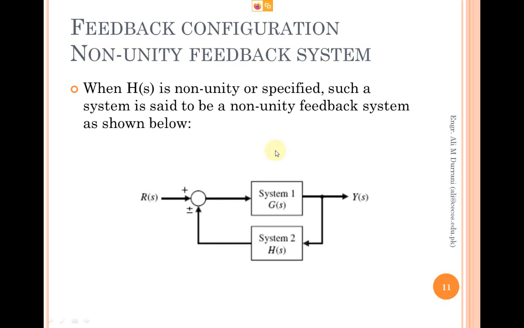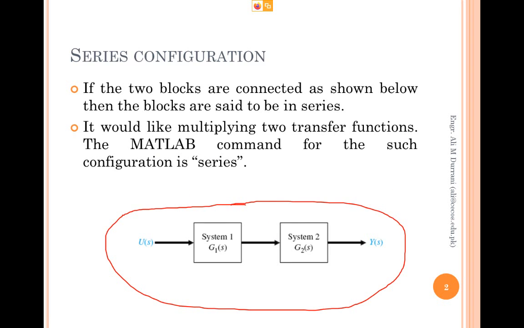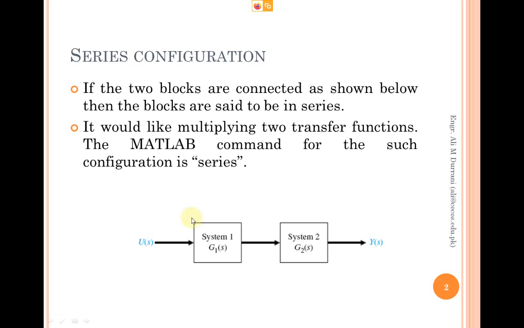These systems can also be in a non-unity feedback configuration, in which there is also some transfer function in the feedback as well. So these are the four types of systems: non-unity feedback, unity feedback, series, and parallel. These are the four basic configurations in which you will mostly get more than one transfer function.